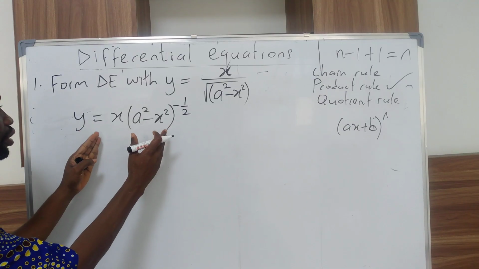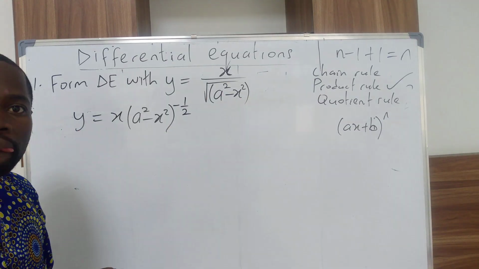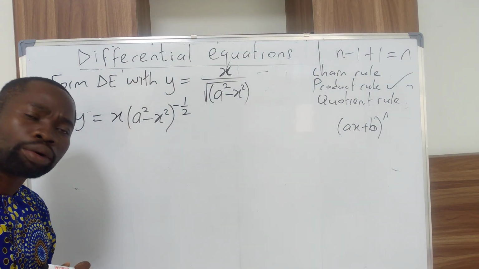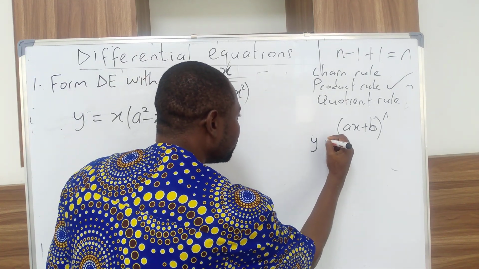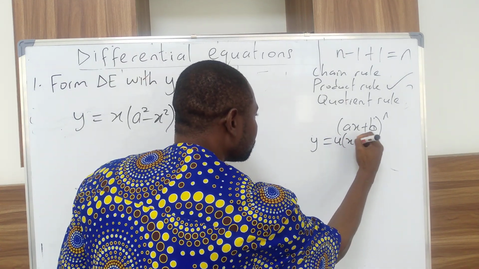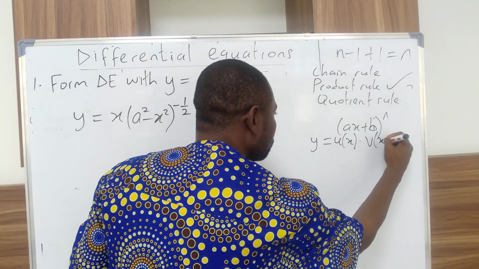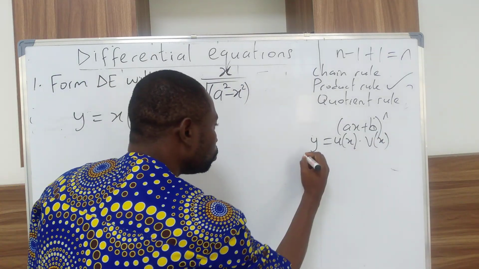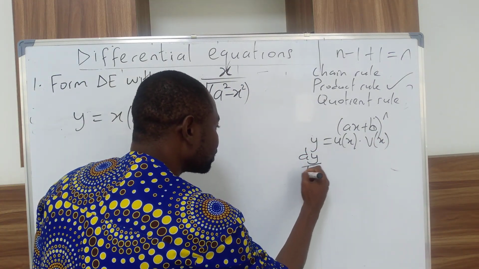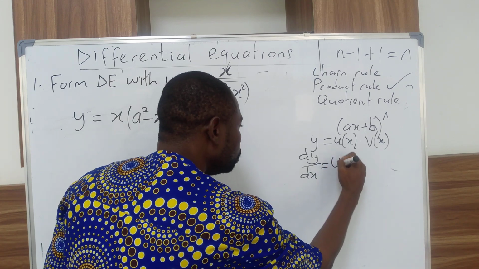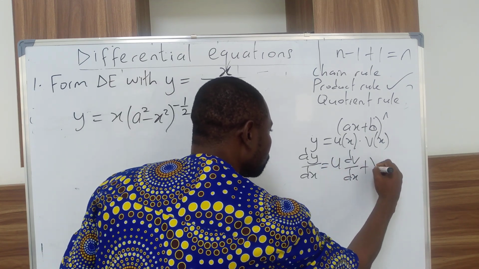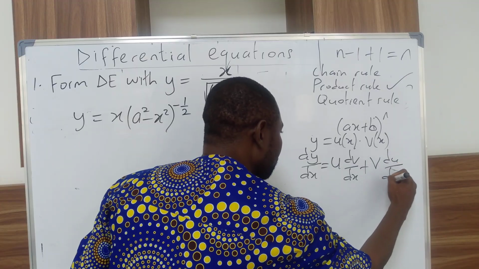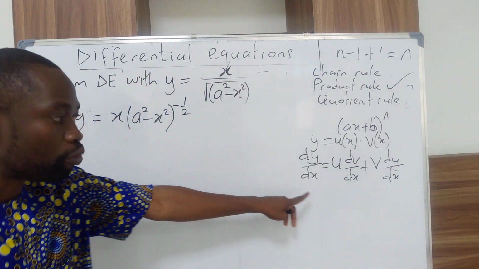Now I'm going to apply the product rule. Product rule says when y is equal to u of x times v of x, dy dx is equal to u dv dx plus v du dx. That's the formula of the product rule.